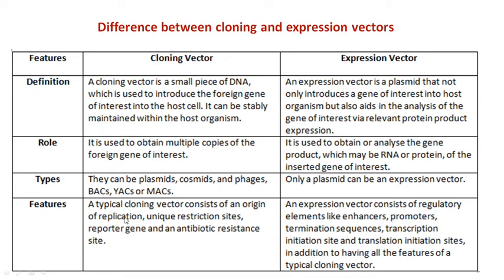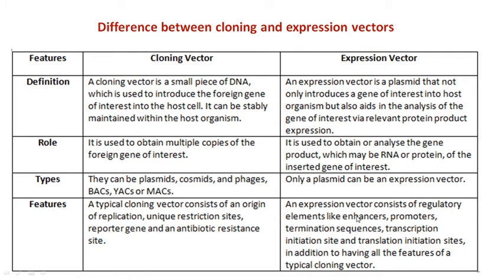If you see the features of cloning vector, I already discussed in previous lectures that a typical cloning vector consists of origin of replication, that is ORI, unique restriction sites, reporter gene, and antibiotic resistance site. Expression vectors also contain these special features.